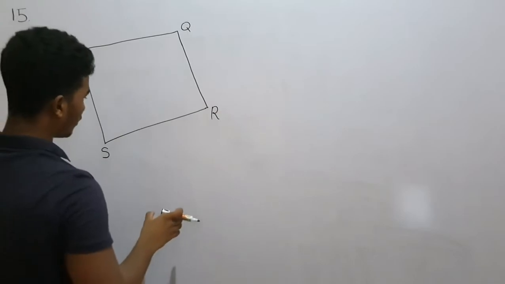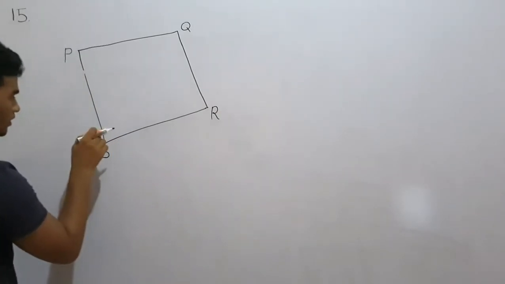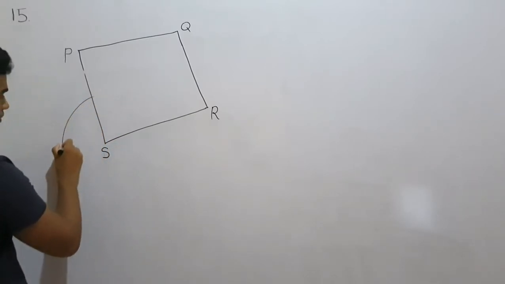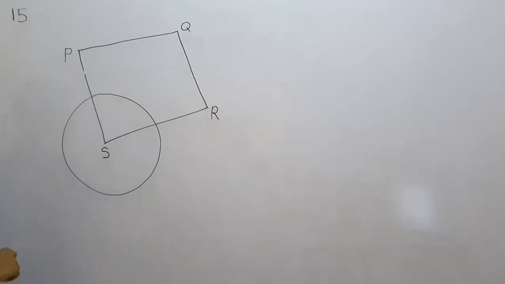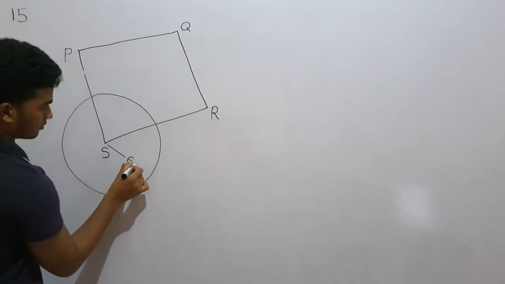So take your compass, expand it to 6 centimeters using the ruler, keep it at point S and draw a circle. So it would be something like this. The radius is 6 centimeters.